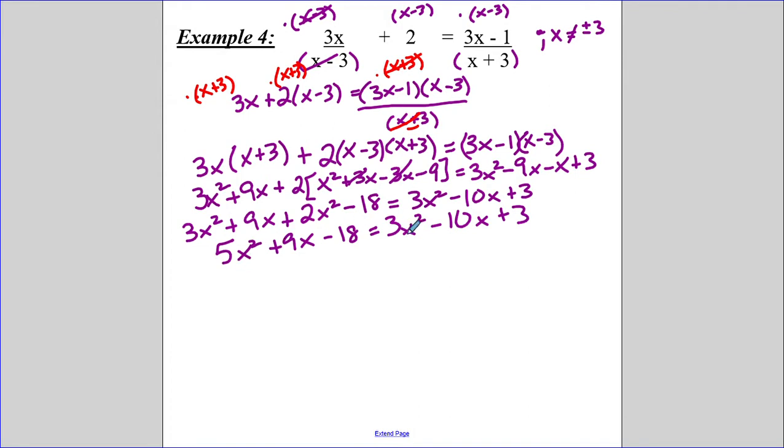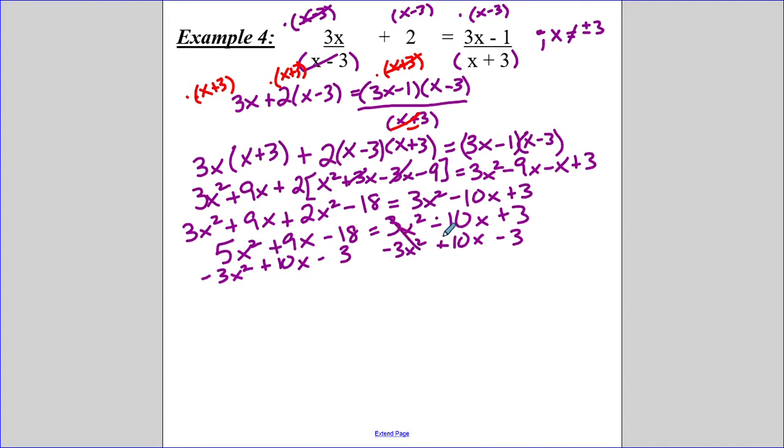Because I have squared terms, linear terms with the x's, and then constants, I need to combine everything together. So I'm going to subtract a 3x squared, add a 10x, and subtract a 3.